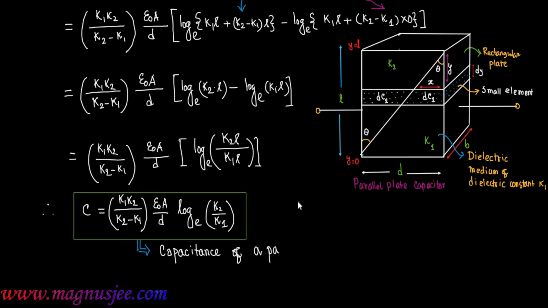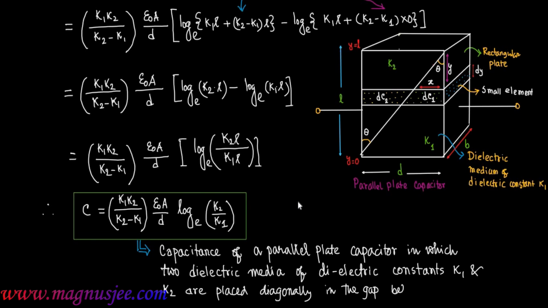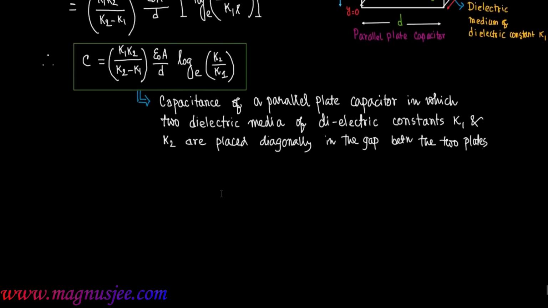This is the capacitance of a parallel plate capacitor in which two dielectric media of dielectric constants K1 and K2 are placed diagonally in the gap between the two plates.